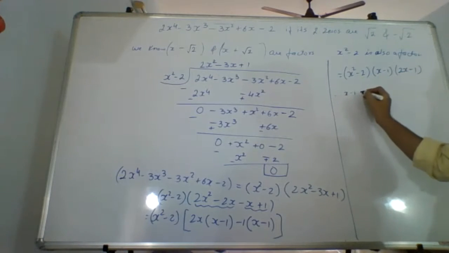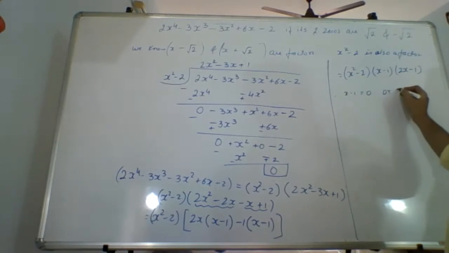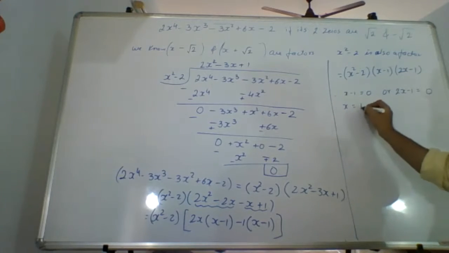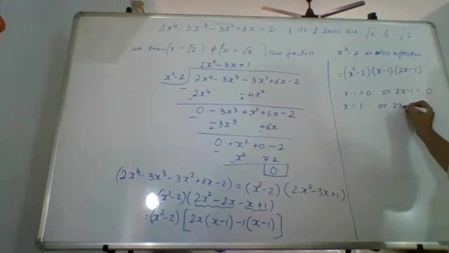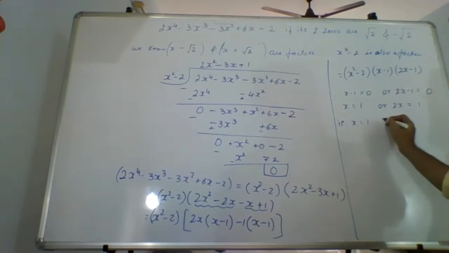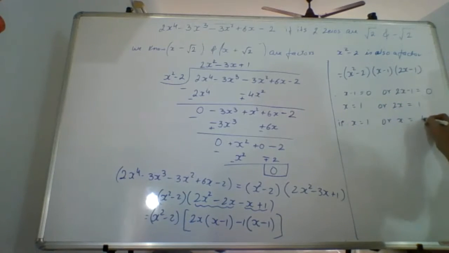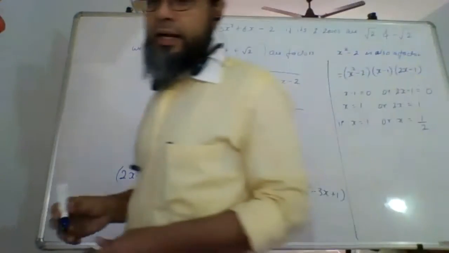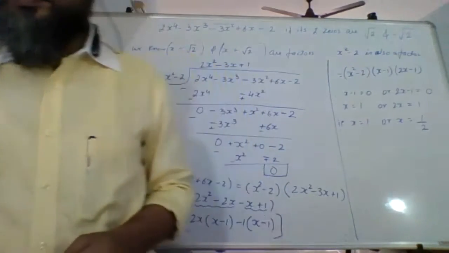Therefore, x minus 1 equal to 0 or 2x minus 1 equal to 0. So x equals 1 or 2x equals 1, that is x equals 1 upon 2. So these are the other two zeros, 1 and 1 upon 2.